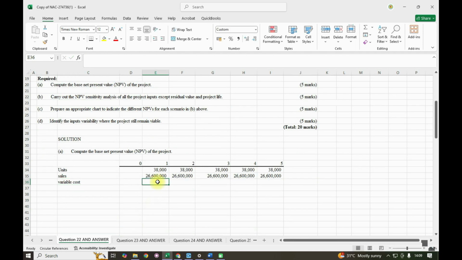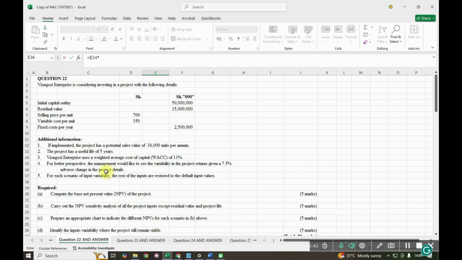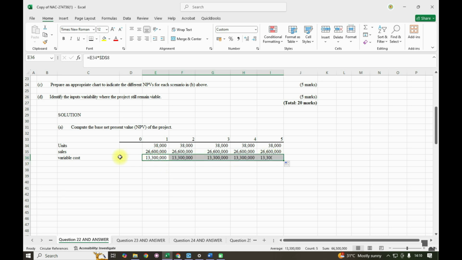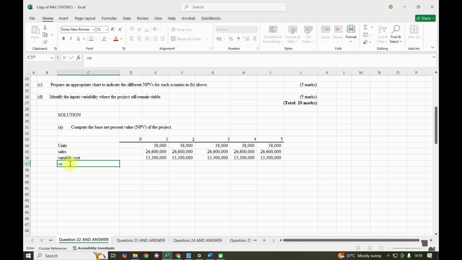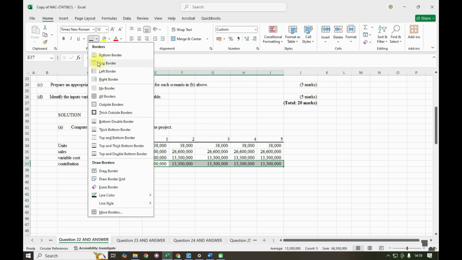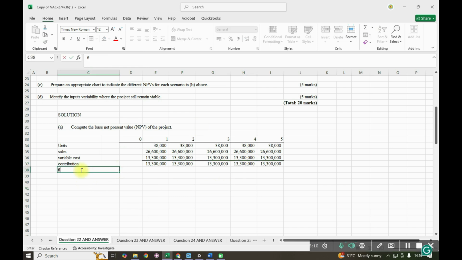For our variable cost, we shall take the units multiplied by the variable cost per unit, which we shall lock that way. I will autofill. We get the contribution, which will be the difference between the two. So that is our contribution. I'll use the top border for that. Then we shall have our fixed cost.